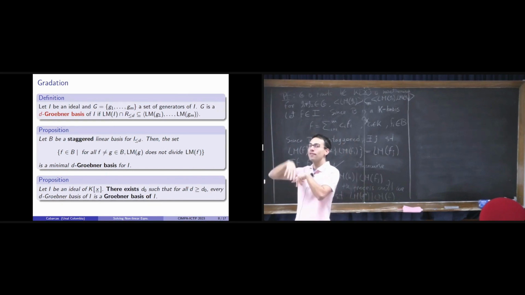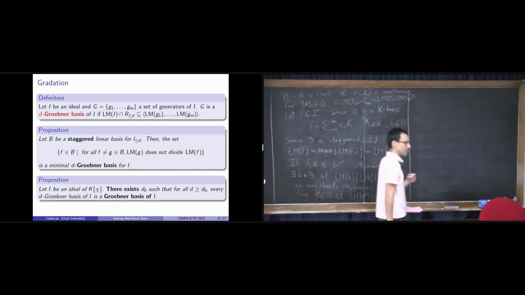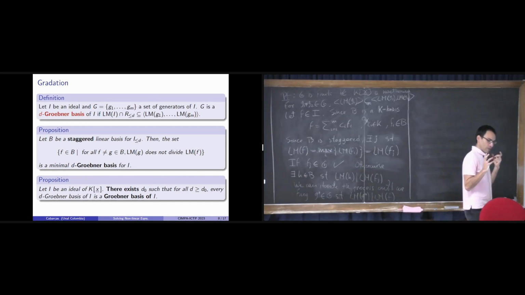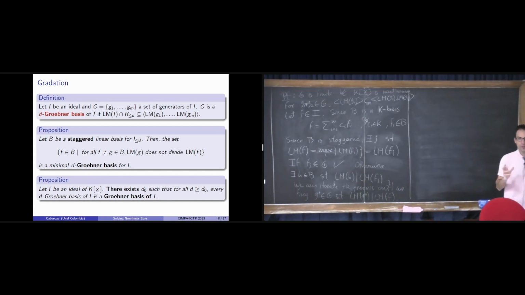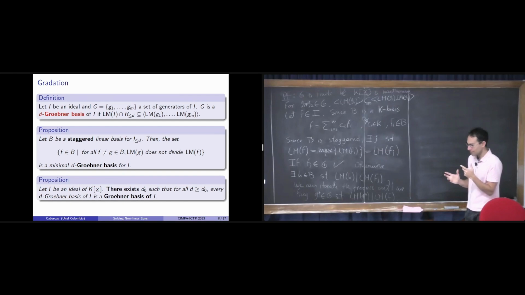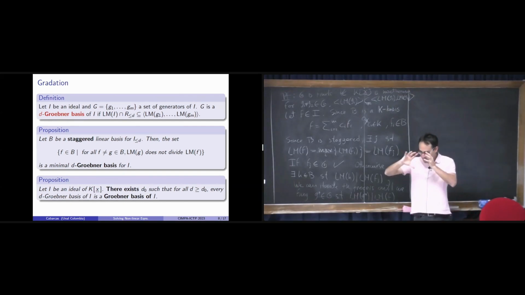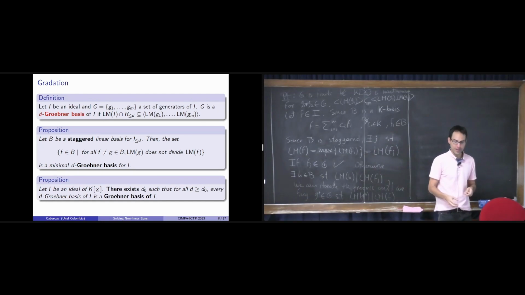And in fact, for every D larger than that, it's still the case. Let's prove this proposition because it's important. It's going to give us what we need to make sure that doing this Gaussian elimination one degree at a time, we will eventually find a full Groebner basis.